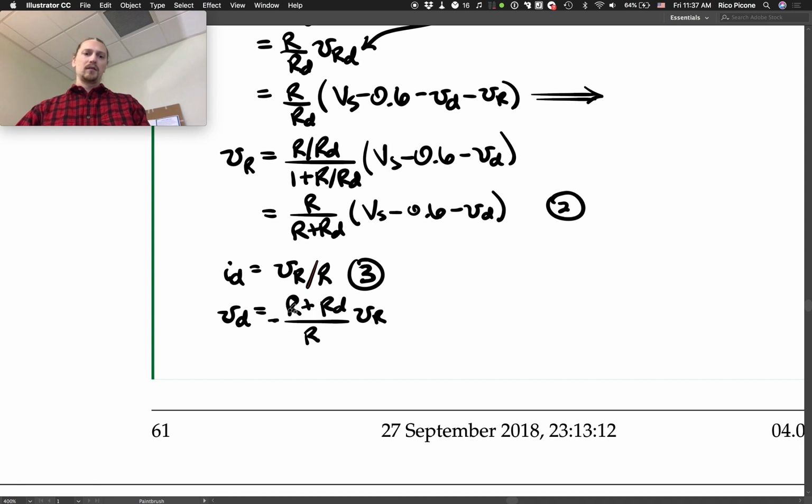That's negative. And then we're going to have plus VS, and then we're going to have minus 0.6. I just solved 2 for VD. So this will be equation 4.